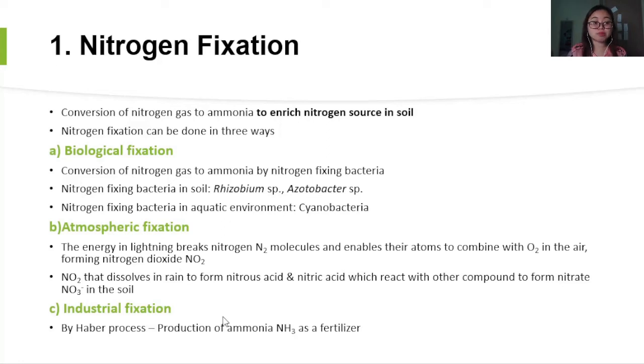So this is by Haber process, which is the production of ammonia NH3 as fertilizer. Inilah yang dibuat dalam kilang. Dalam diagram tadi, saya cuma tunjukkan method A and method B. Method C is man-made, and so it was not introduced in the normal cycle diagram that we learned about.